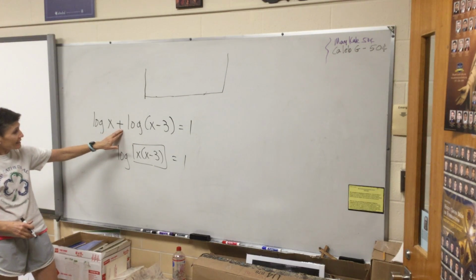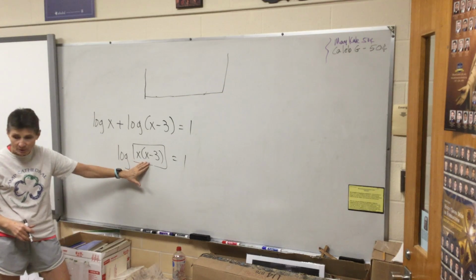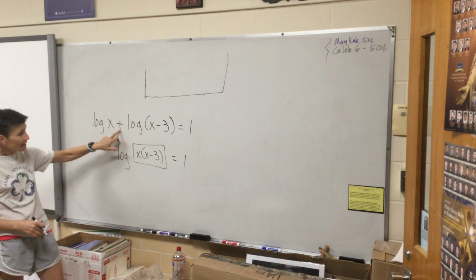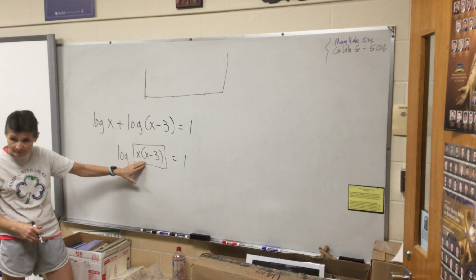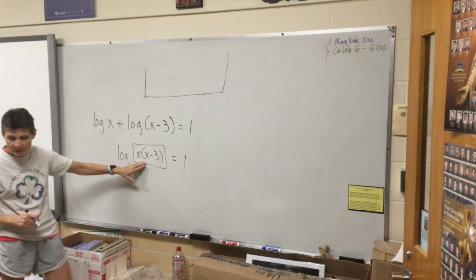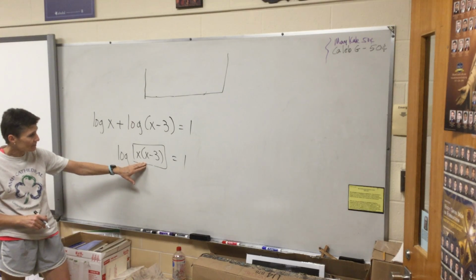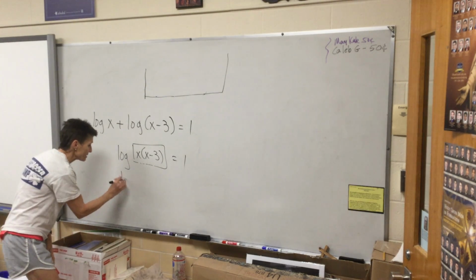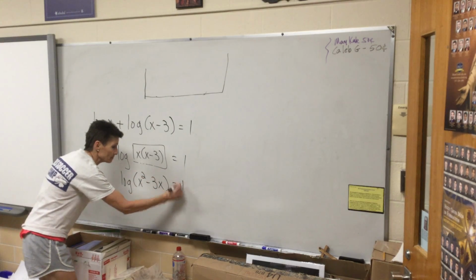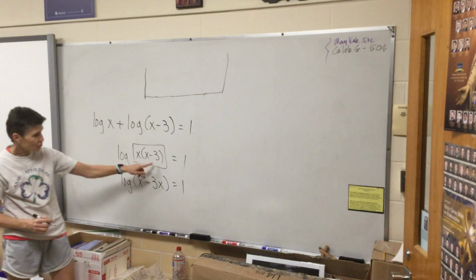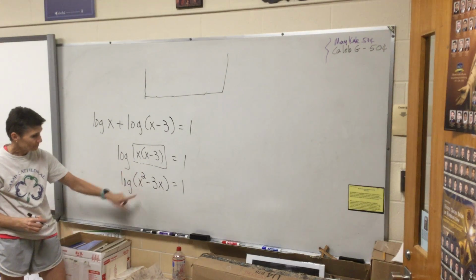If they are added, you put them together as a multiplication. If that had been a minus, I would have put them together as a division. And I'm sure there'll be one of those in one of the coming examples. So this is the log of x squared minus 3x. I just distributed that, multiplied that.